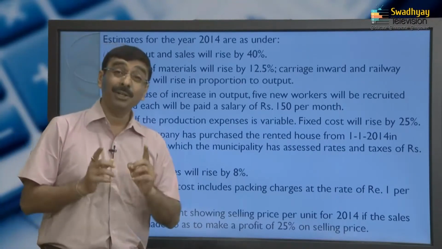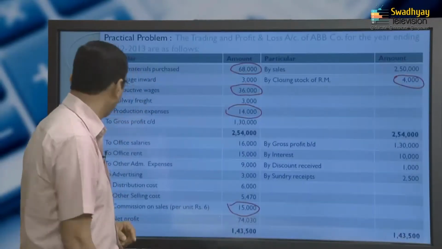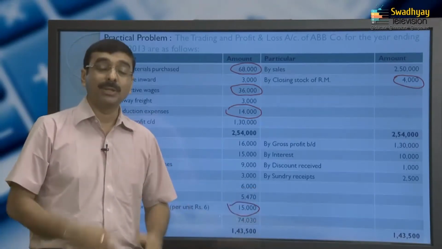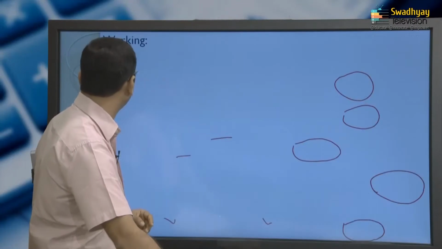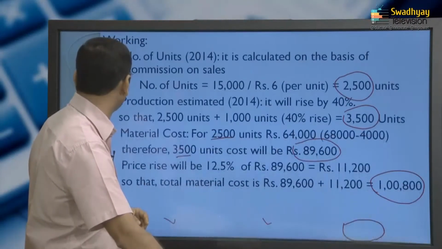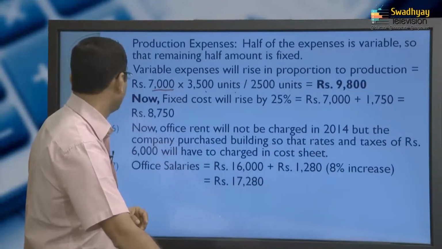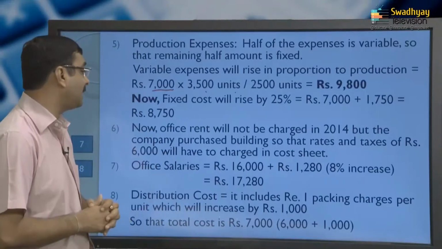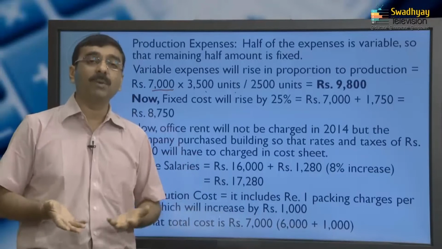Distribution cost. Now see here, the distribution cost which was actually calculated here was 6000 rupees. So at that point of time, whatever the distribution cost was incurred, now we will find out what would be the change in the year 2014. The distribution cost includes rupees 1 packing charges per unit, which will increase by rupees 1000. Why is it increased by 1000 rupees?